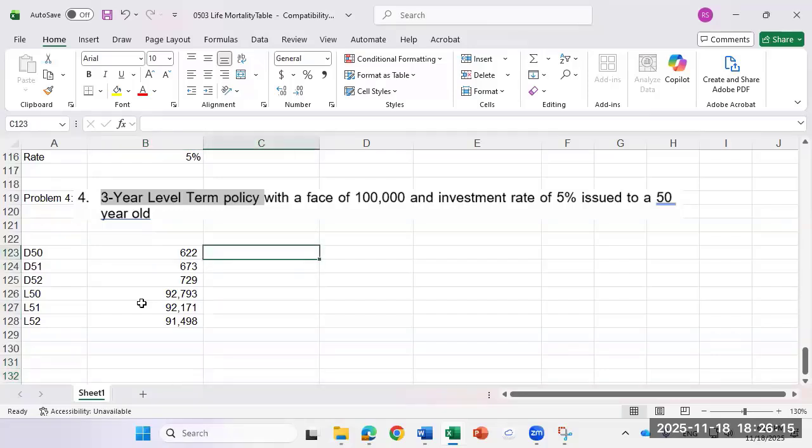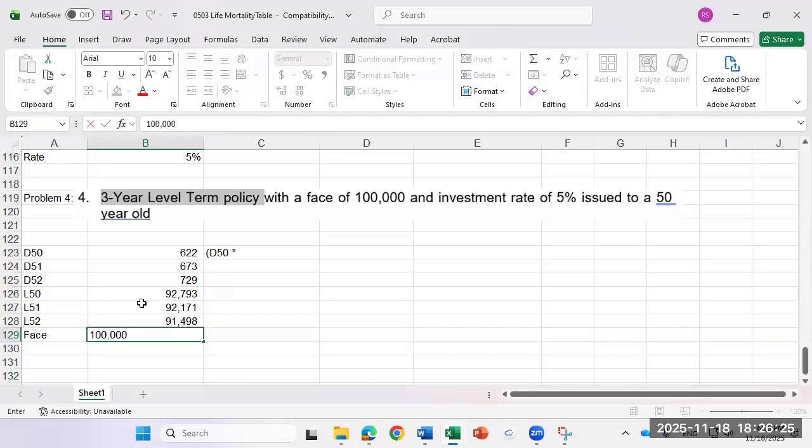So our premium, we're going to take D50 times, and let's put the face in there. Well, I don't know why I did a $100,000 face. Our rate, 5%.